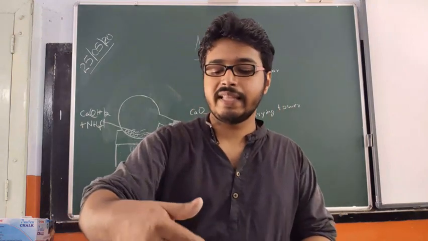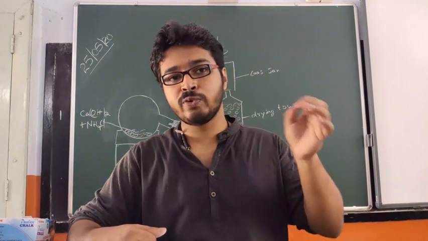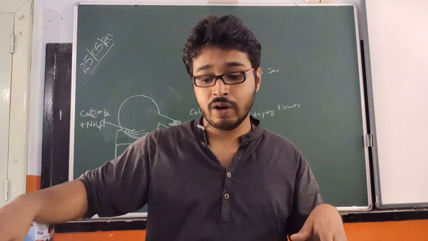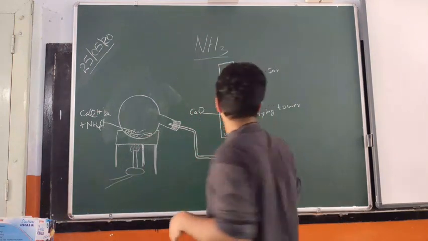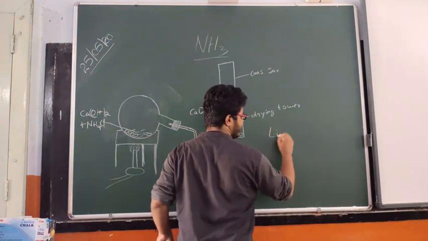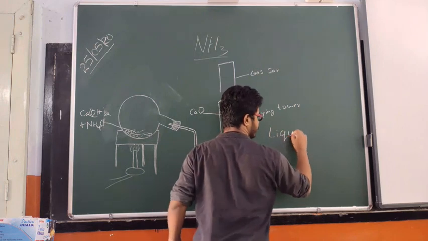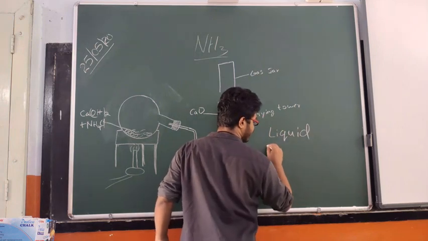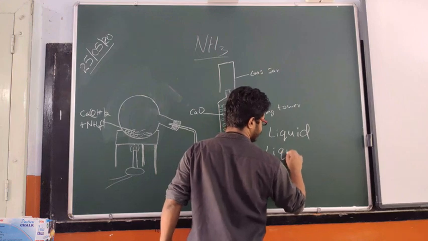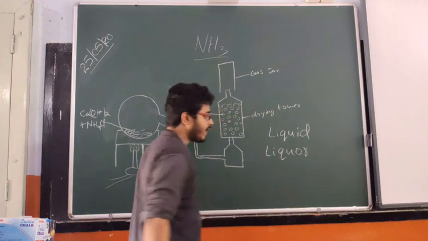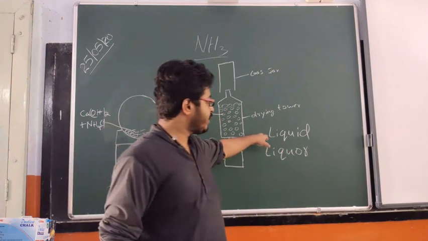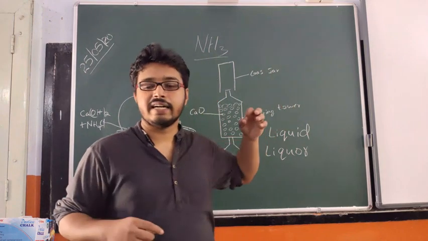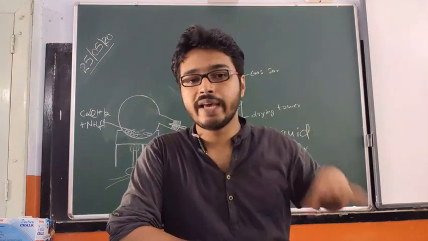And there is one more thing, that is liquor ammonia. Okay, so just write it here. First one is liquid, the next one is liquor. Liquid ammonia is the compressed ammonia gas.